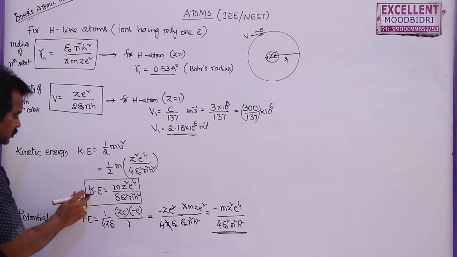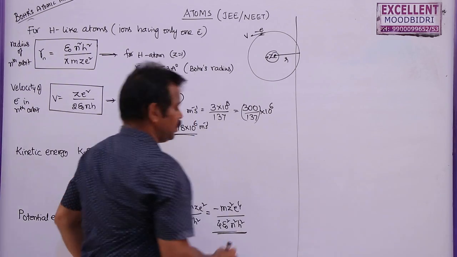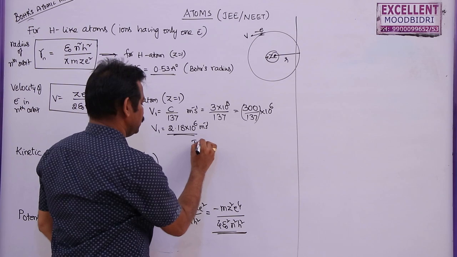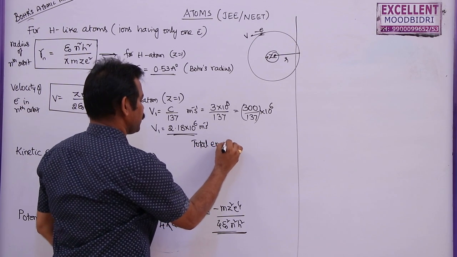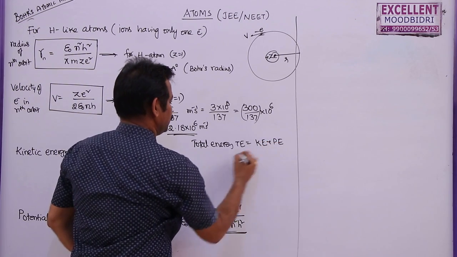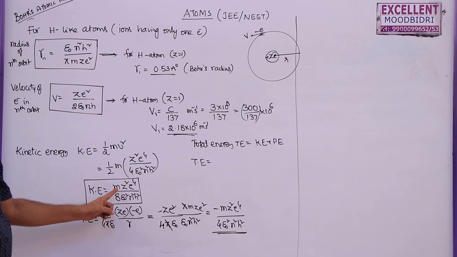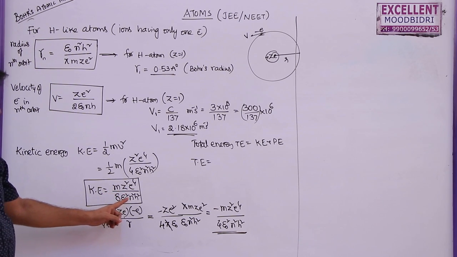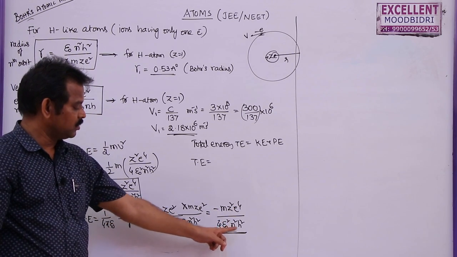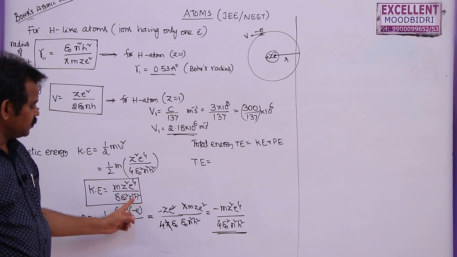After finding this KE and PE, now we can find out the total energy of the electron which is revolving in the circular orbit. Total energy TE is equal to KE plus PE. KE is equal to m Z square e power 4 by 8 epsilon naught square n square h square. PE is equal to minus m Z square e power 4 by 4 epsilon naught square n square h square. In these two, m Z square e power 4 by epsilon naught square n square h square is common.